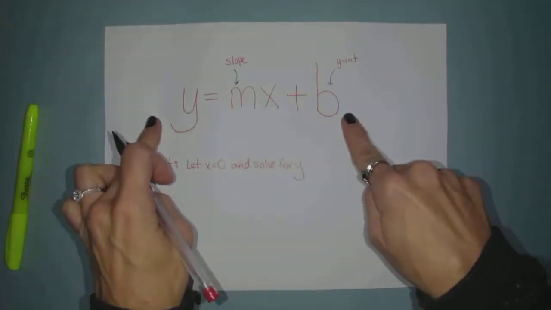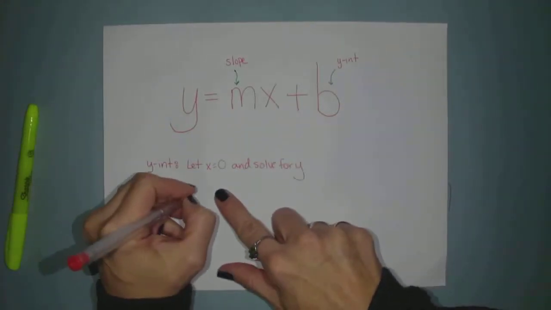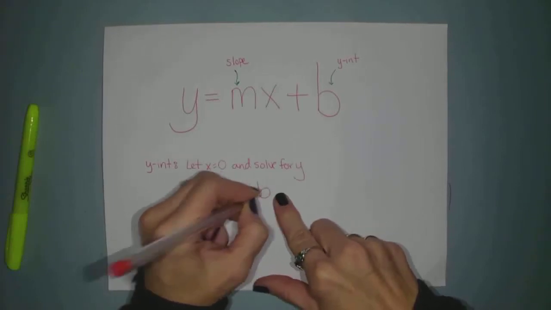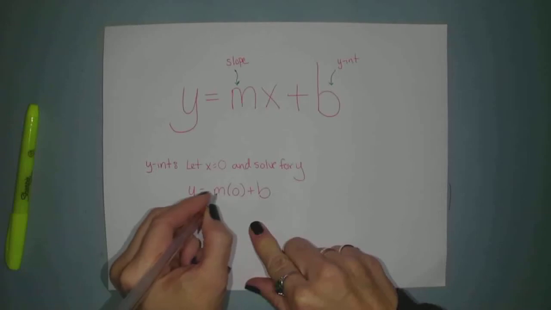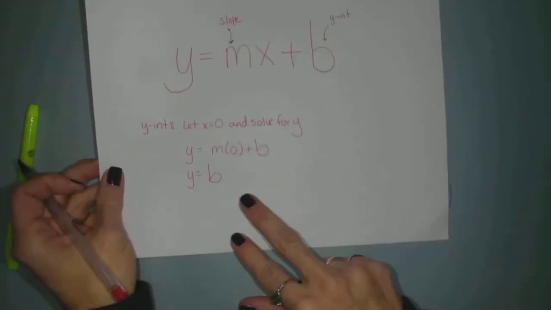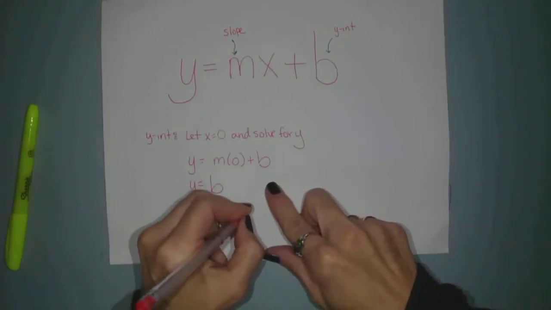So if I take this equation and I let x be 0, I would have y equals m times 0 plus b. And so m times 0 is 0, and 0 plus b is just b. So the y-intercept is b, the ordered pair.